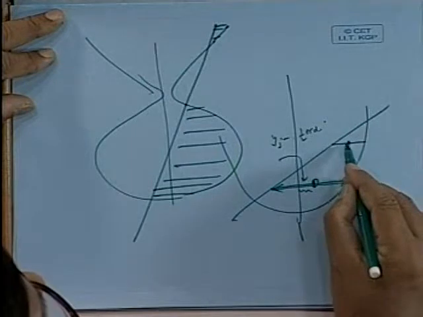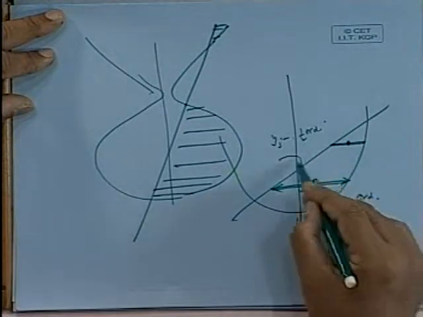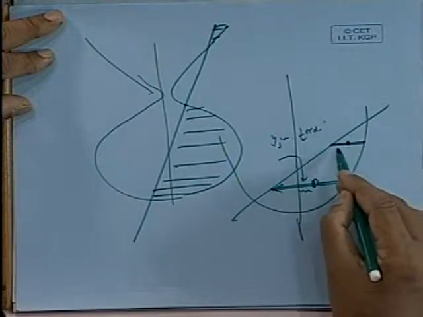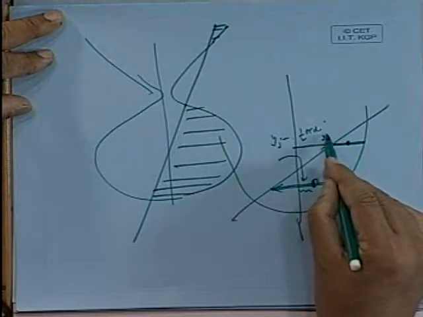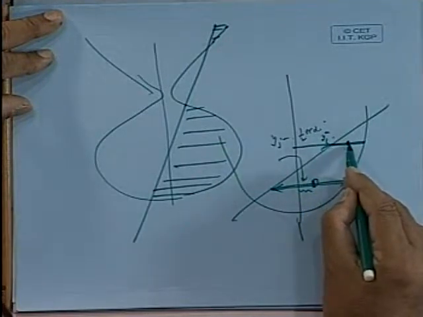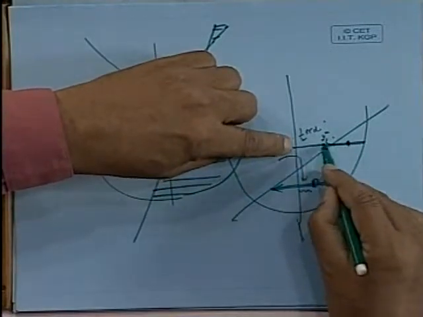Question is that, see, for example, if I take this, in this case, this is my yj bar. So the distance of this center is yj bar plus half ordinate.